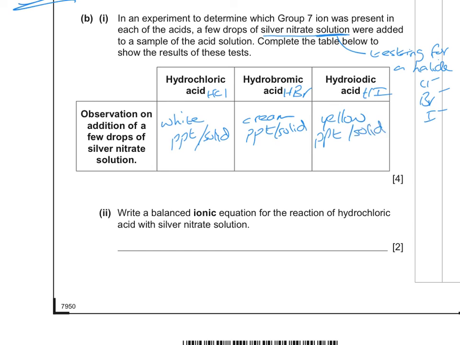Okay, on to the ionic equation question. Now, ionic equation shows us the ions that actually take part in the reaction. So you can have spectator ions and they don't do anything. So when the silver nitrate solution reacts with hydrochloric, it forms our silver chloride, and that is the solid.